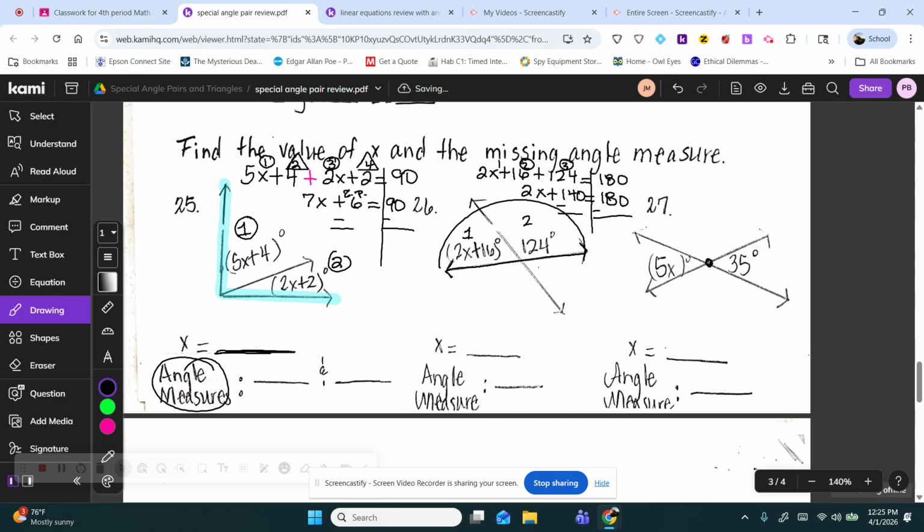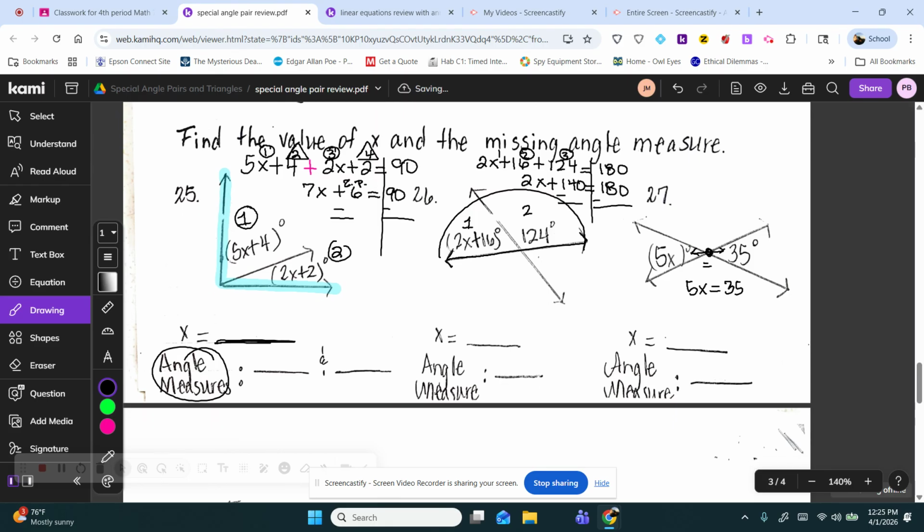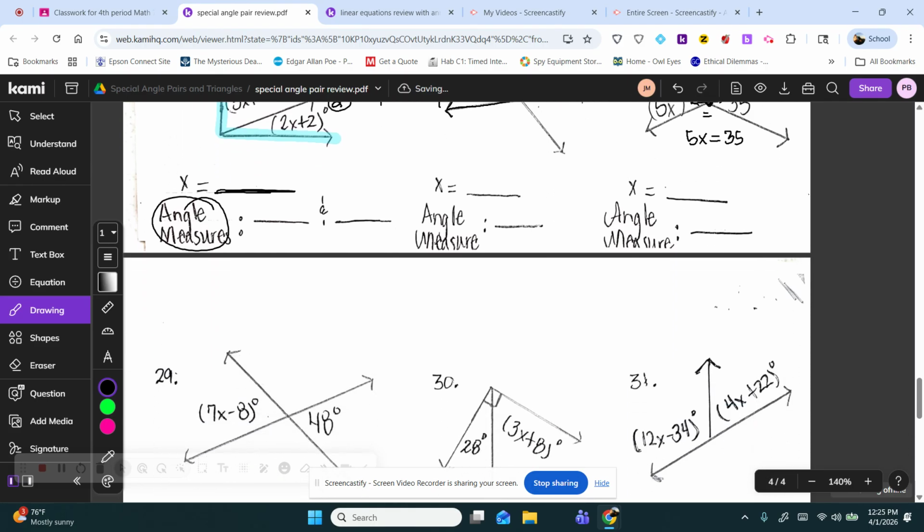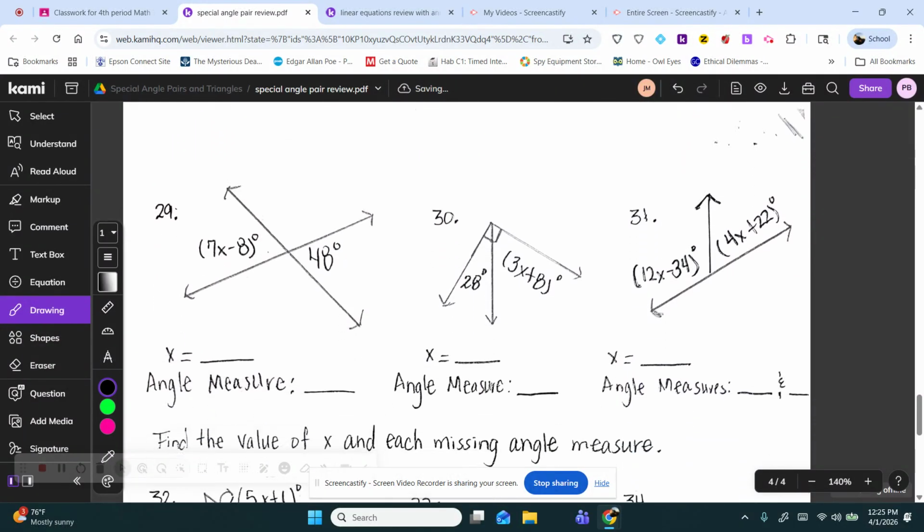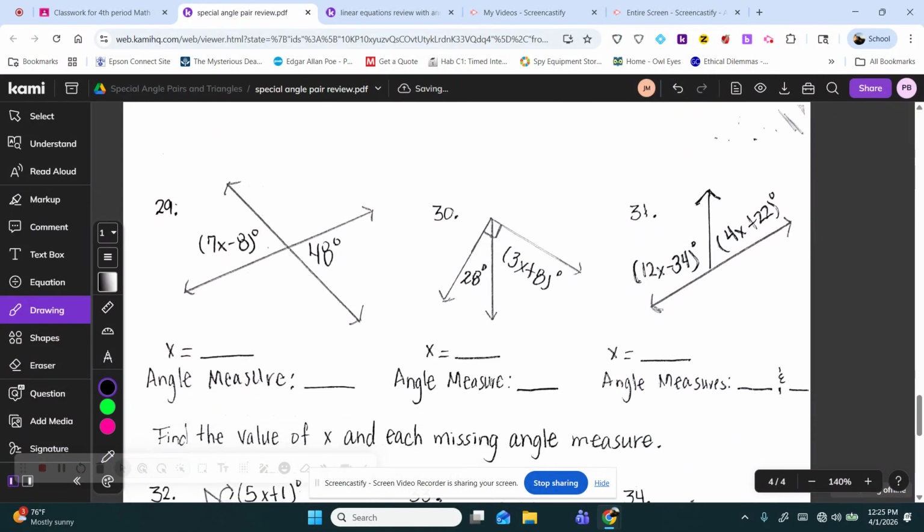On 27, these two are vertical, which means they're equal to each other. So you just set them equal to each other and solve for X. Plug back in and find the angle measure. Again, I'm not finishing the problems with you. I'm getting you started. It is your responsibility to do 29, 30, and 31 on your own.